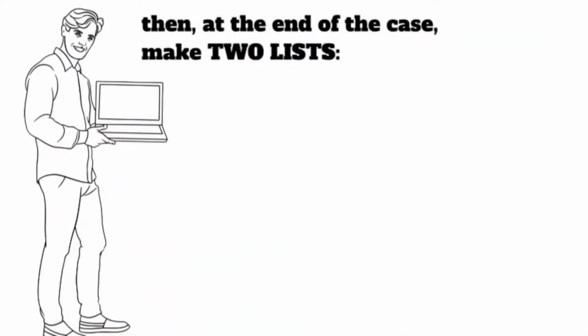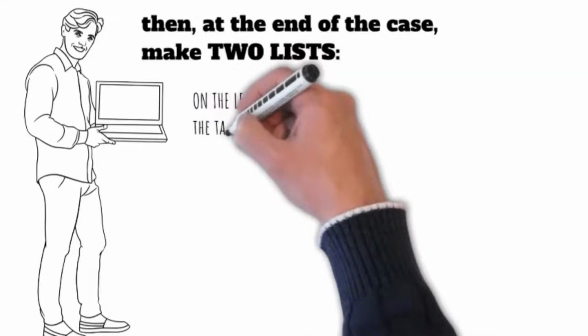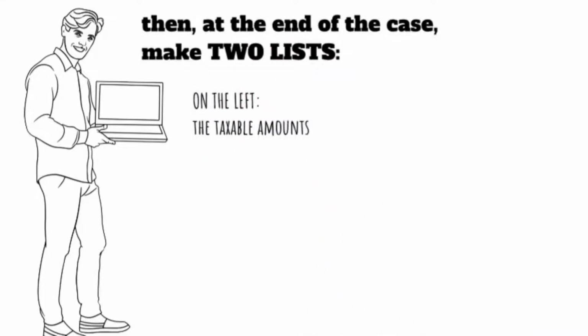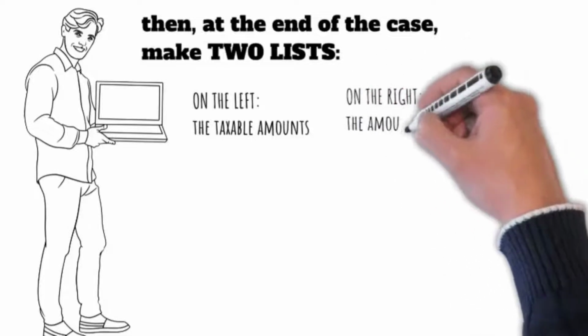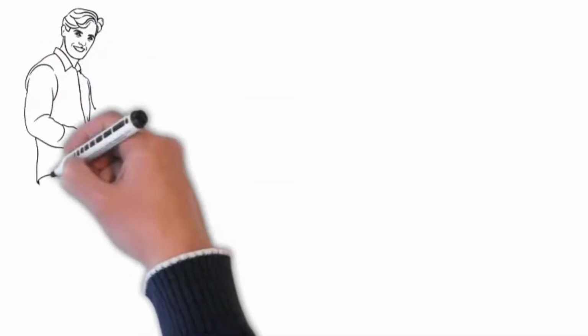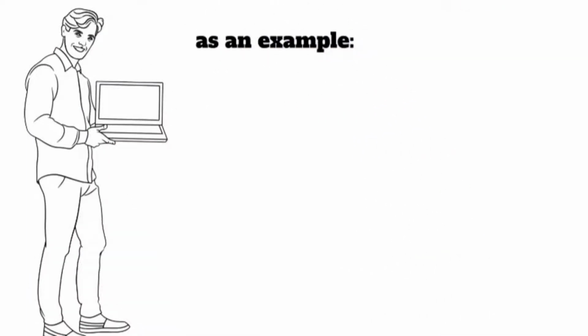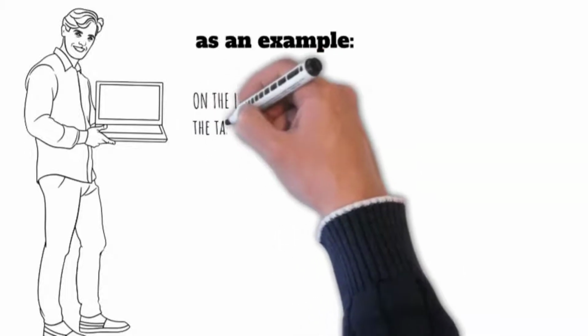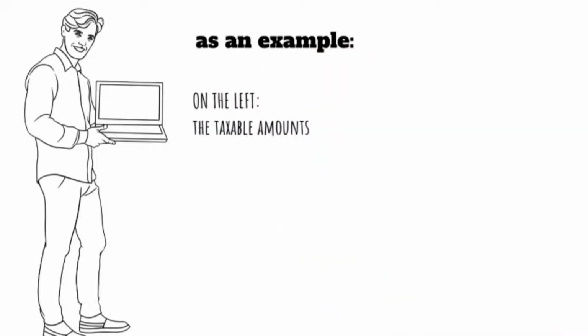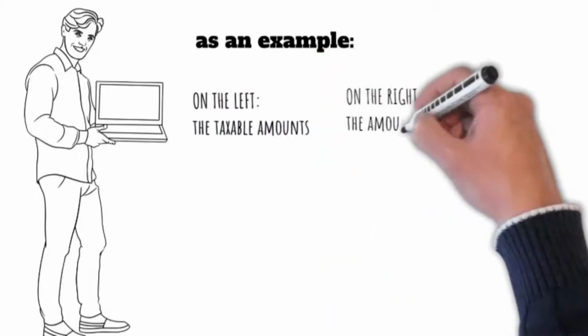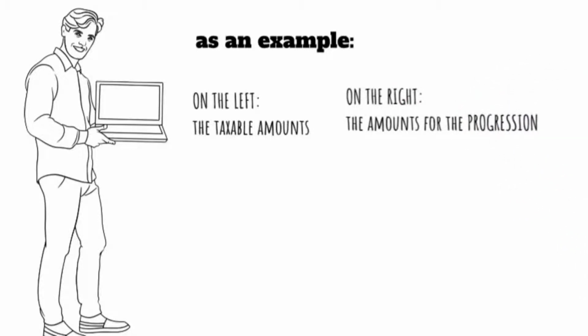So at the end of the case, when you have gone through all the events, you can make a small table: on the left, the taxable amounts, on the right, the amounts for the progression.